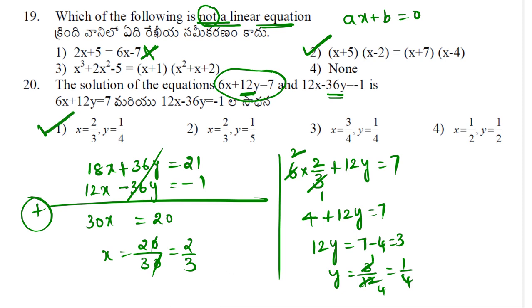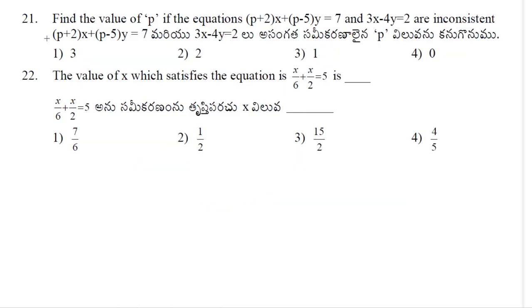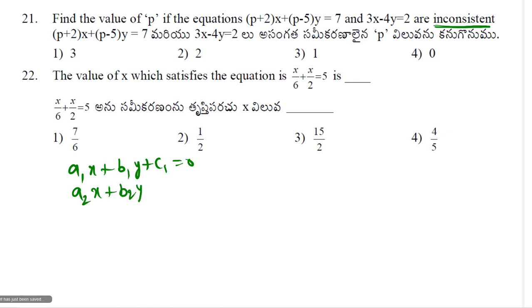Next problem. Find the value of p if the equations p plus 2 times x plus p minus 5 times y equal to 7 and 3x minus 4y equal to 2 are inconsistent. Inconsistent. When can we get inconsistent? Suppose a1x plus b1y plus c1 equal to 0 and a2x plus b2y plus c2 equal to 0.